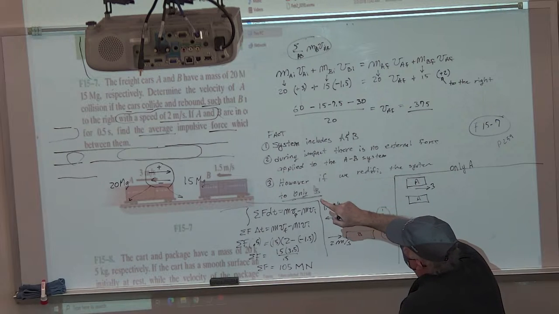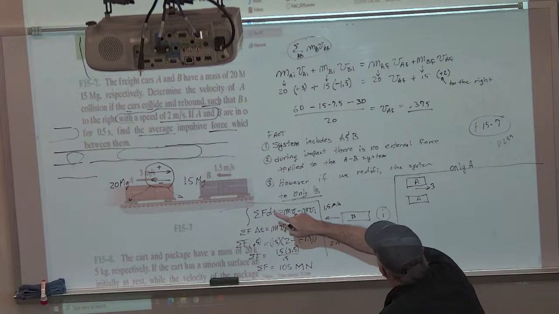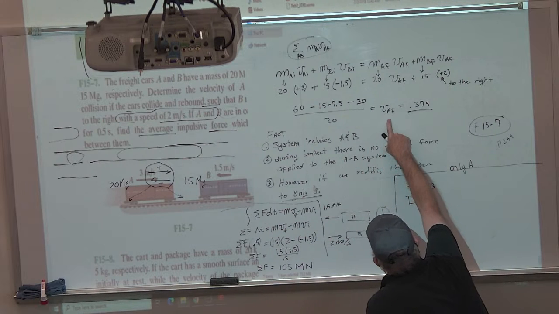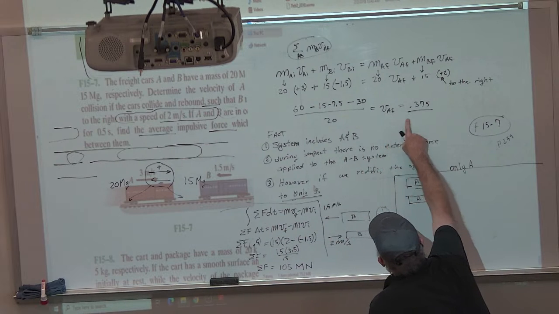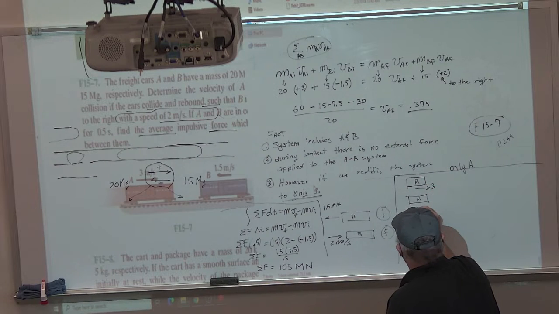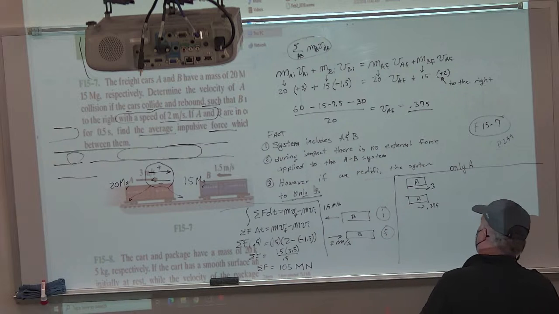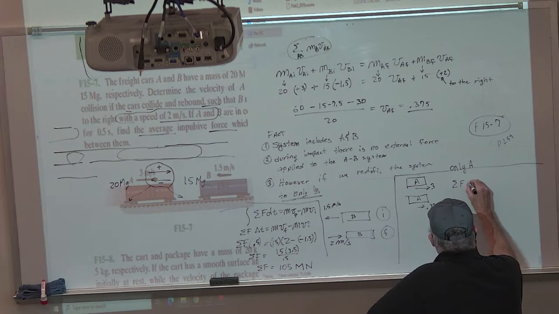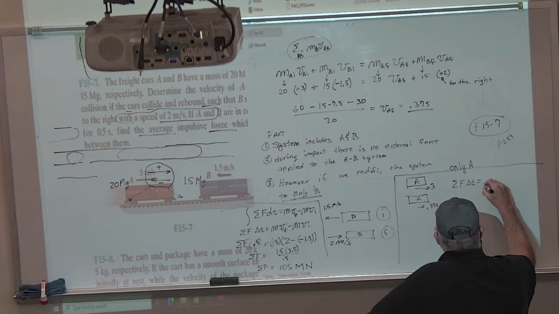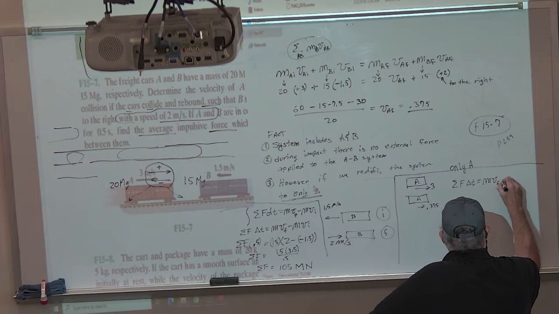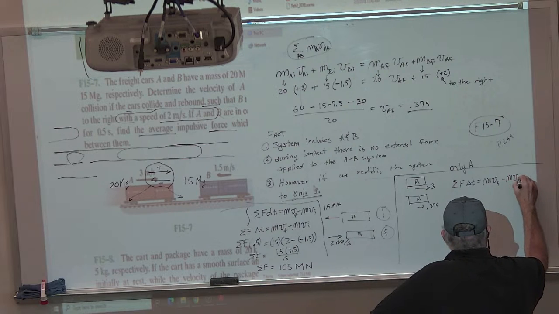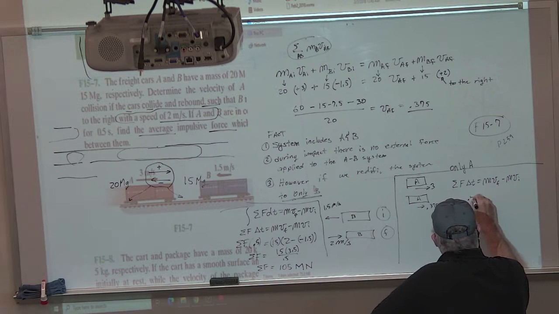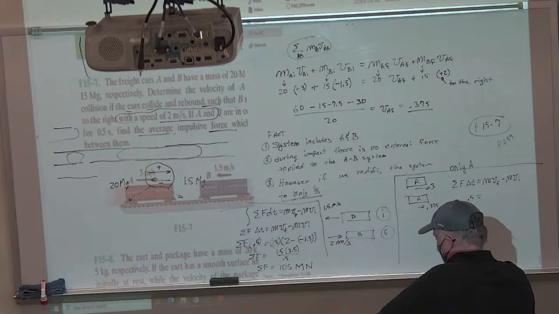A final is moving to the right at a very tiny rate, 0.375. If we come in here, sum of the forces times delta t, the final minus the initial. It's still a half second during impact.